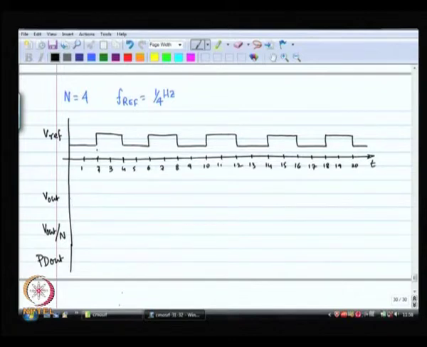So, VCO is now running at 1 hertz. But I am going to put a lag of 180 degrees or so.